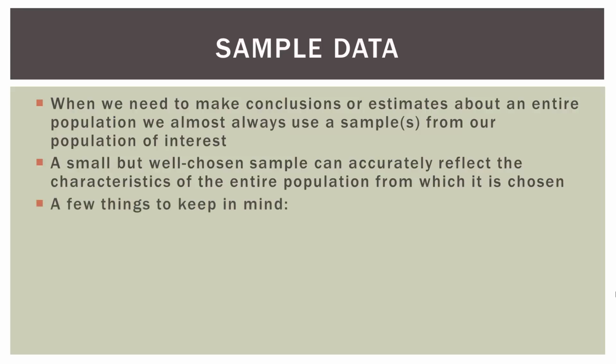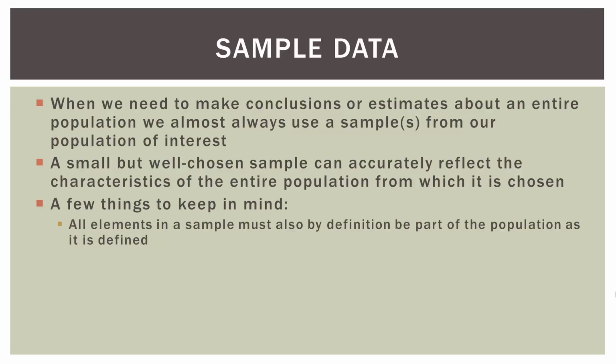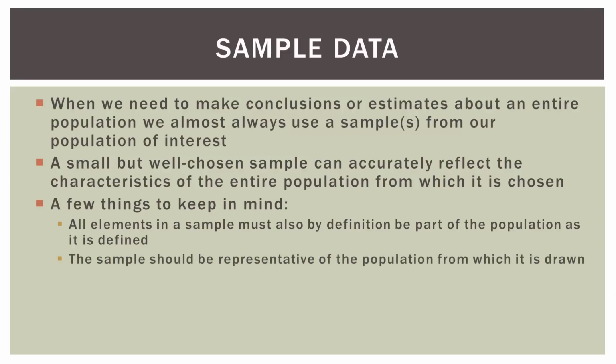Now, a few things to keep in mind. All elements or members of a sample must also by definition be part of the population as it is defined. Now, I will give you a couple examples in the next slide about how these things can be violated, but for now, let's go ahead and mention them. The sample should be representative of the population from which it is drawn.